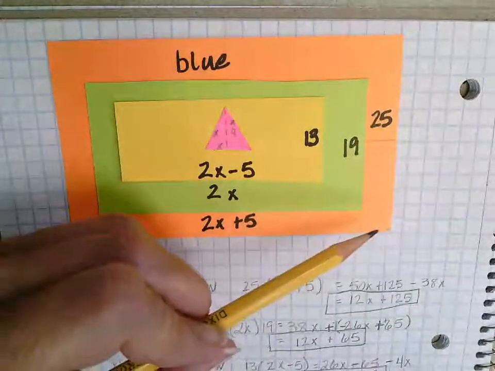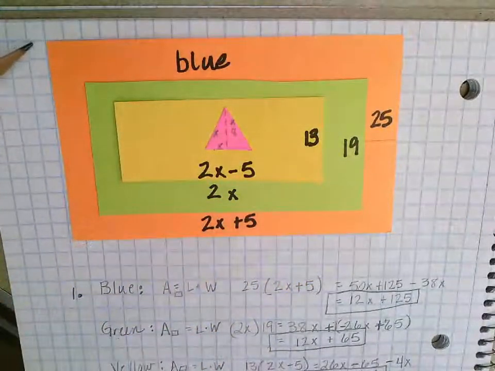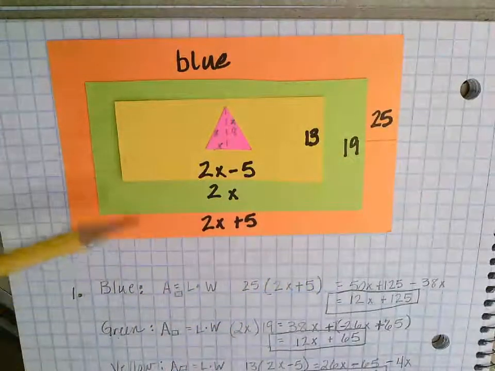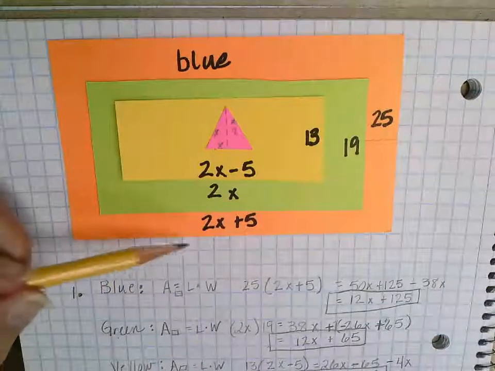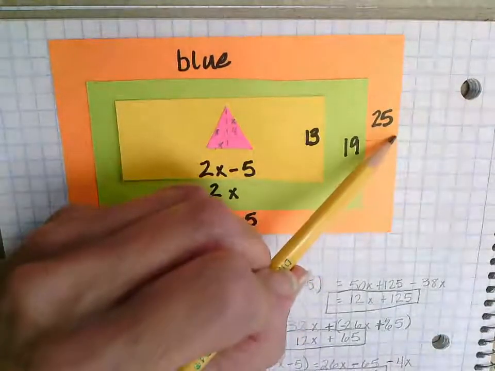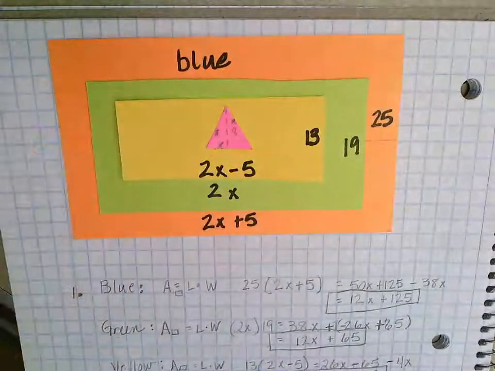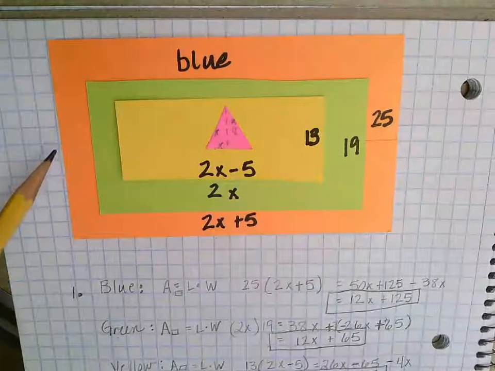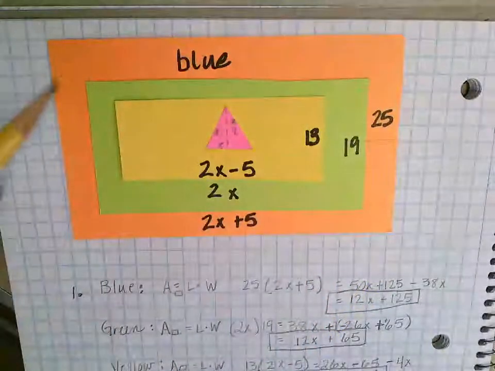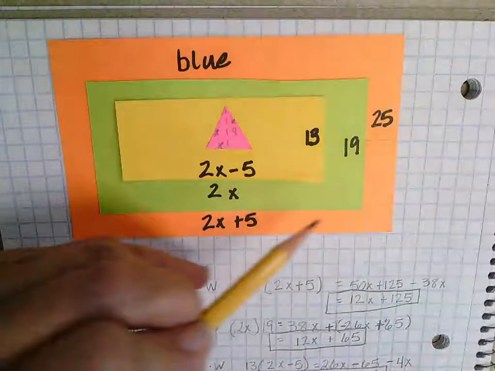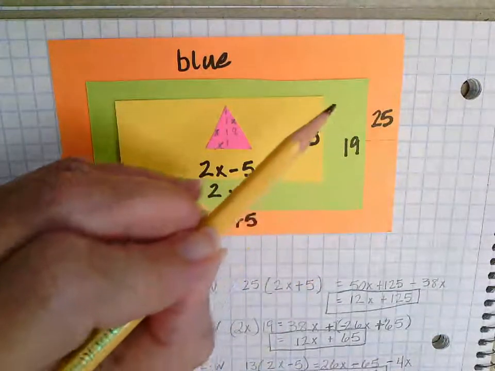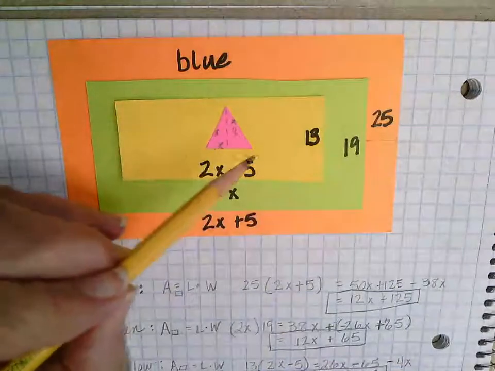So when we're looking at the distance around a polygon, what we're looking at is perimeter. And perimeter is just simply the side plus the side plus the side plus the side. So we're going to do that around this card, around this green card, around the yellow card, and around the triangle itself.